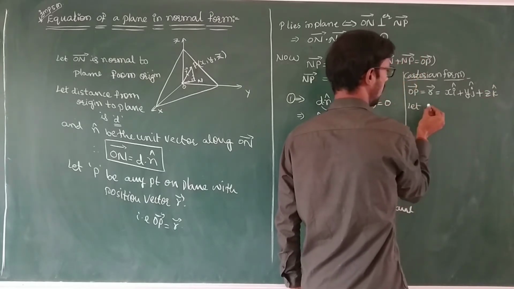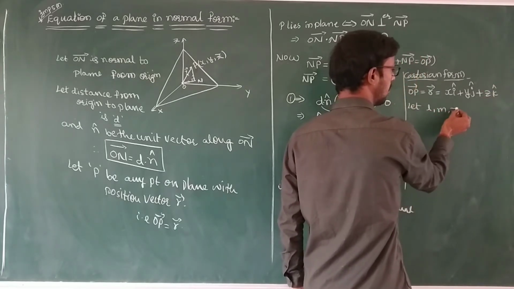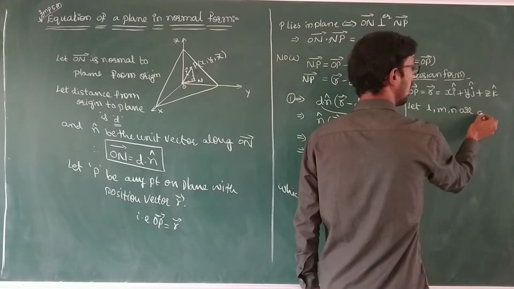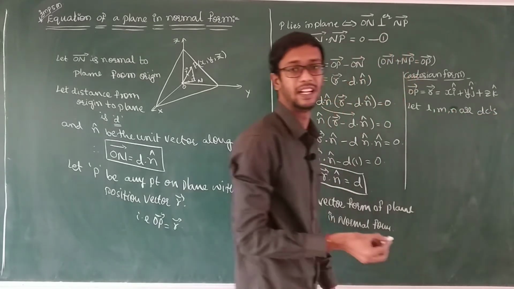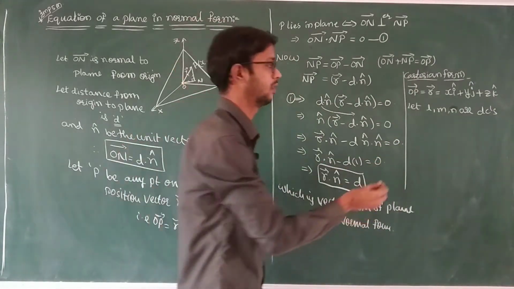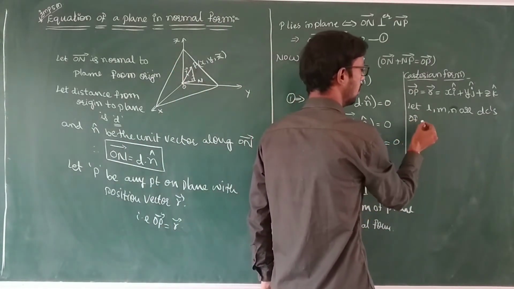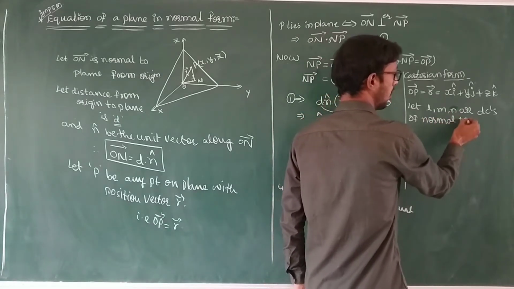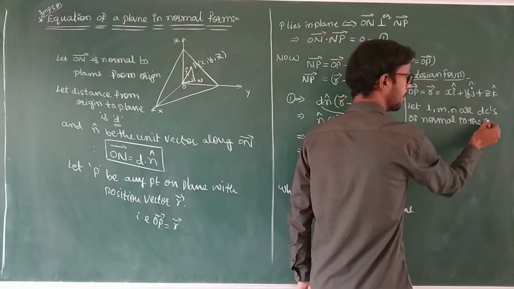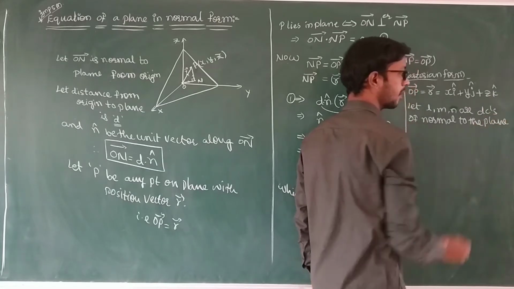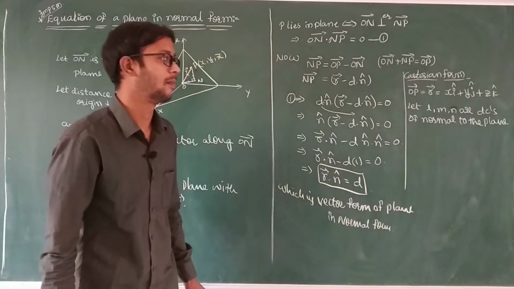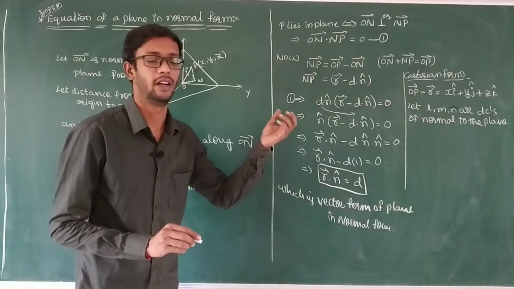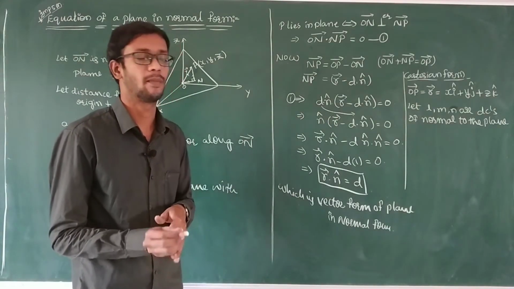Let l, m, n be the direction cosines, DCs, of the normal to the plane.